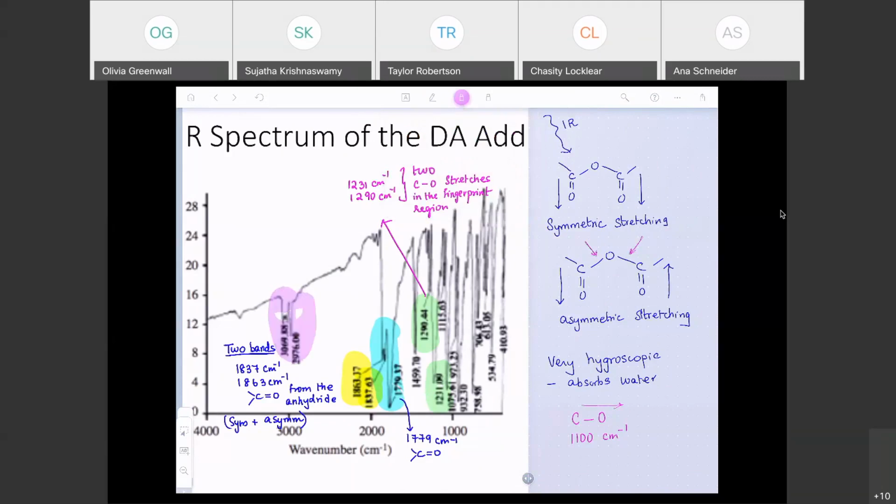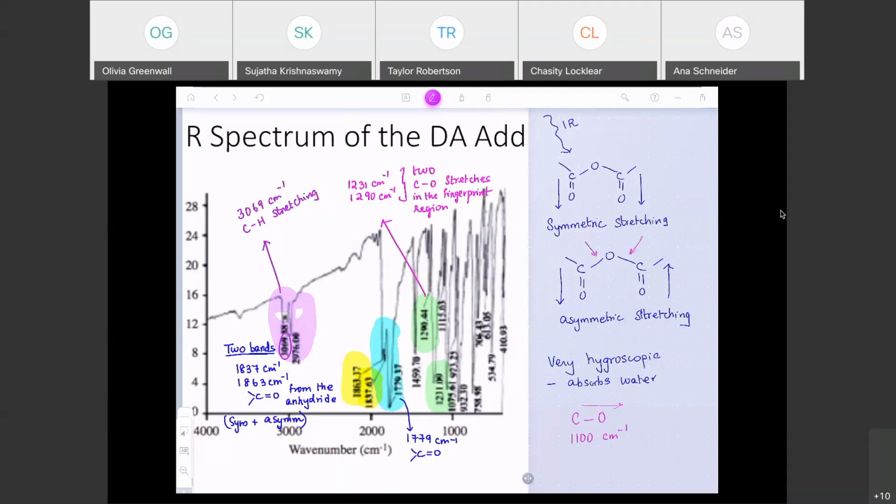So right here, you see the other one. I'm going to go with this number here, 3069 wave numbers. That's your carbon-hydrogen stretching. That's going to be there on all organic compounds. But we have identified the major anhydride peaks. We have identified the carbonyl peak in the anhydride, the symmetric and the asymmetric stretching of the anhydride.